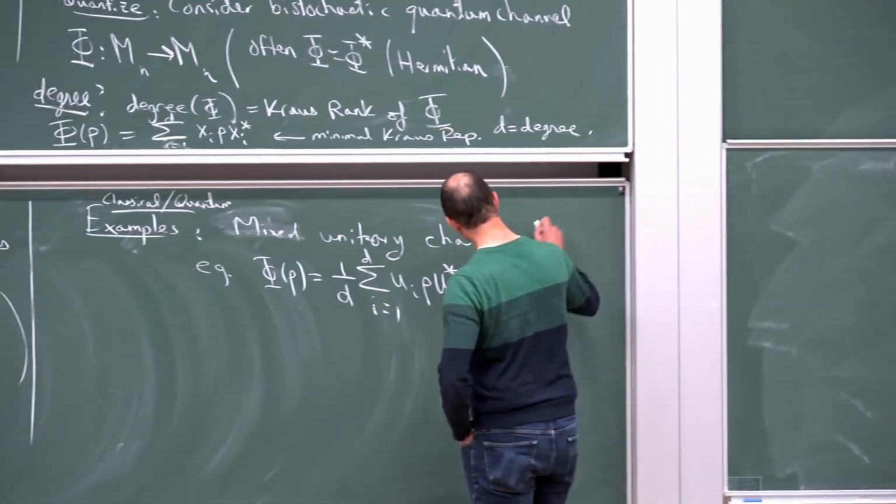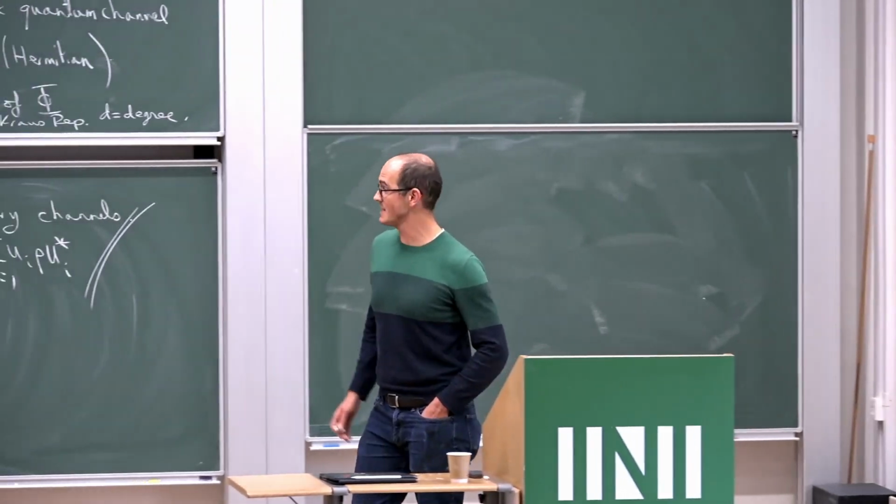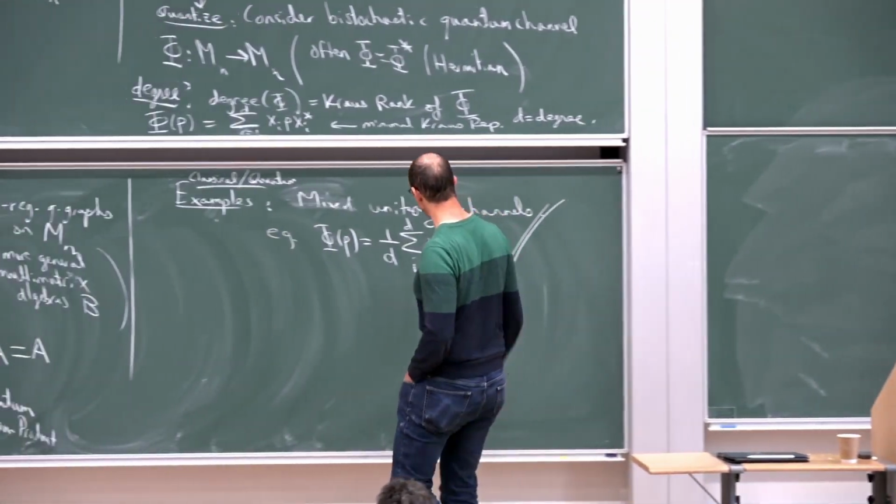So these are natural examples that arise this way. One of the things I want to point out is that a lot of the examples that one encounters are sort of random unitary-like.